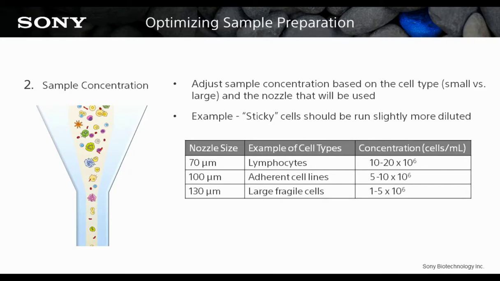Once a single cell suspension is obtained, the cell concentration should be adjusted depending on the type of cells that are used. In the table listed below, different types of cells and their recommended concentrations are shown. Typically, regardless of the cell size, if the sample is sticky, either due to the presence of debris or DNA, or simply because of the nature of the source from which it was derived, then such a sample should be run more dilute.